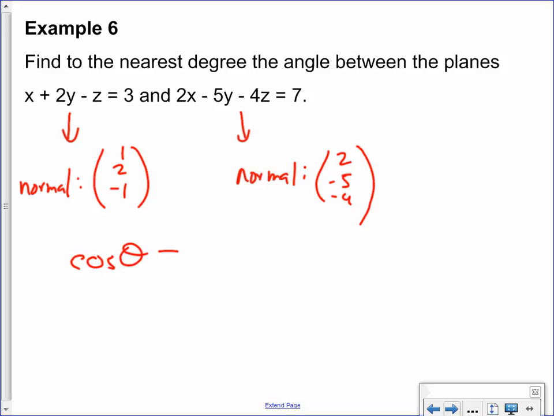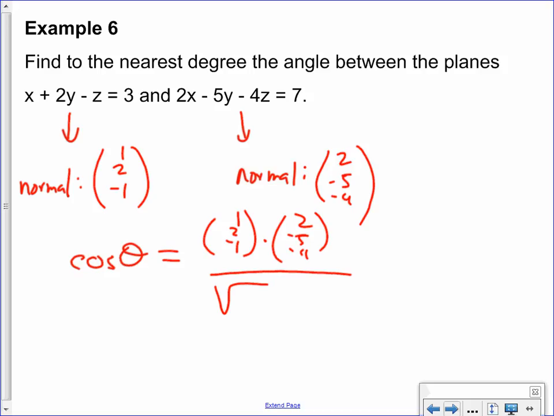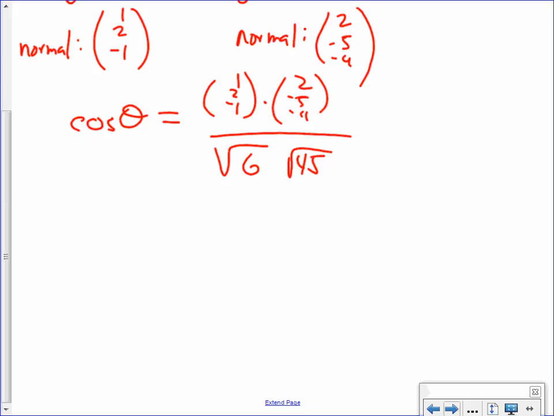So cosine theta is 1, 2, negative 1 dot 2, negative 5, negative 4, divided by the magnitudes. 1 plus 4 plus 1 is 6. And 4 plus 25 plus 16 is 45. Do you believe me when I say it's negative 4 over the square root of 270?